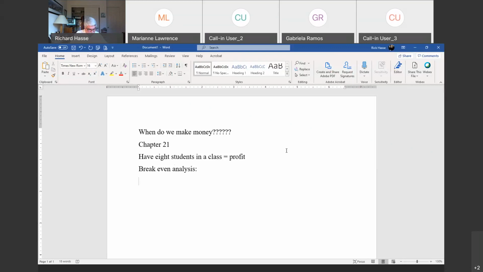The break-even point in units is equal to total fixed cost divided by the selling price per unit minus the variable cost per unit.